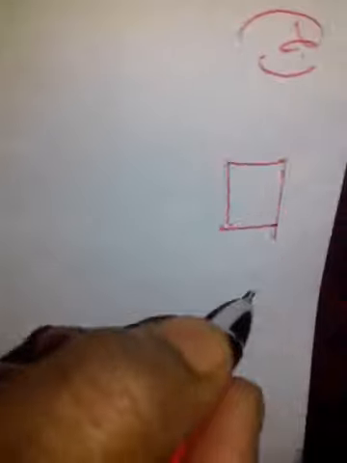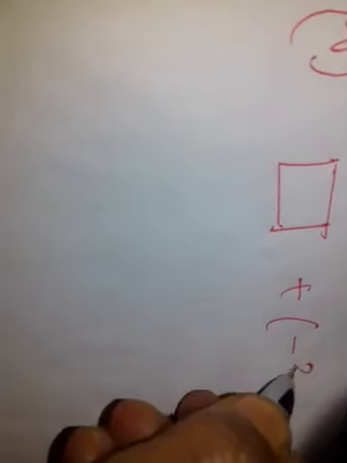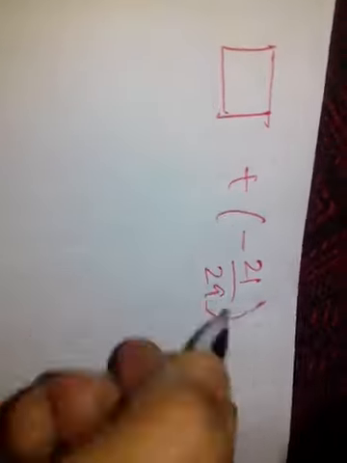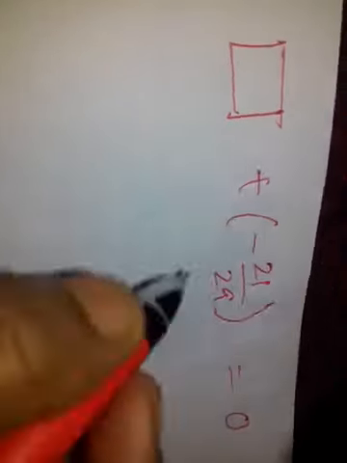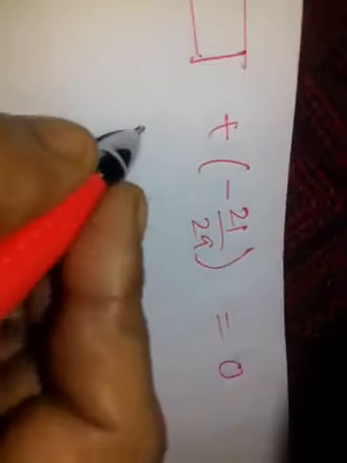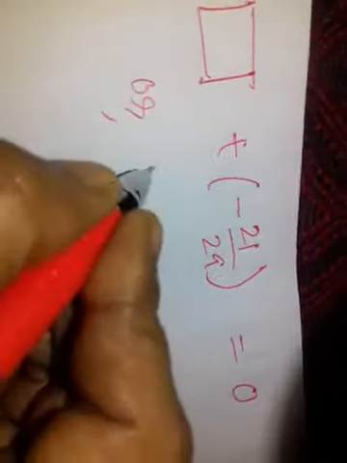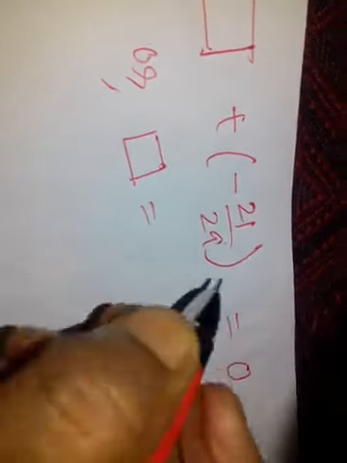Next, part 4. Write the appropriate number in the following box. 4 part B. Box plus minus 21 by 29 is equal to 0. We have to find the value of the box.